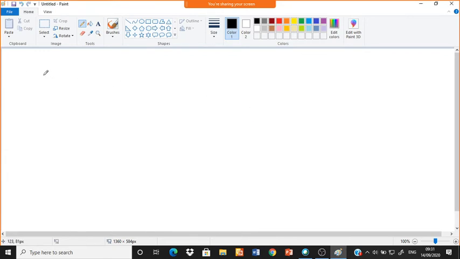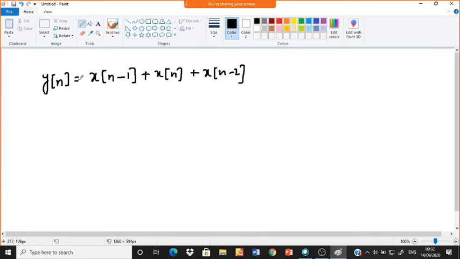For better understanding, you can take a running time average system, that is y of n, which is equal to, say for example, a summation of x of n minus 1 plus x of n plus x of n minus 2. This is the output signal, and these are the shifted versions of an input signal, and the addition of these gives the output signal y of n.